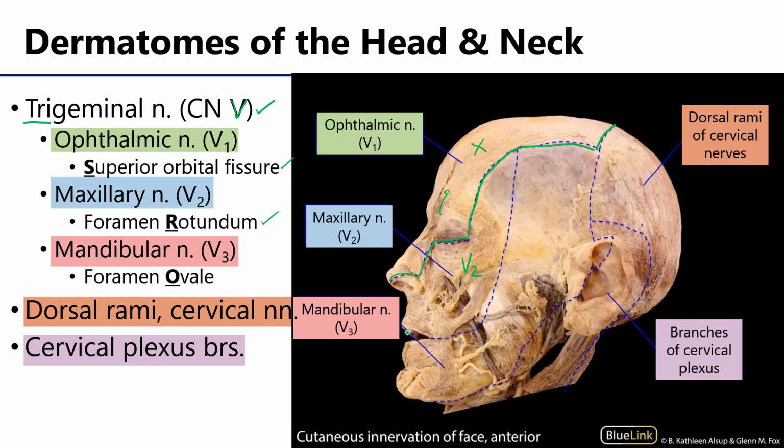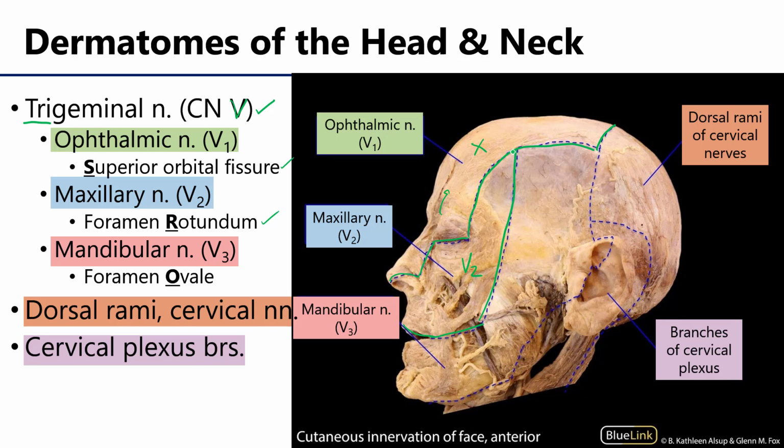So if we go sort of the upper lip from the angle of the mouth back to the masseter, and then we go all the way up to where we intersect with that division between V1 and V2 there. That's that region that's served.